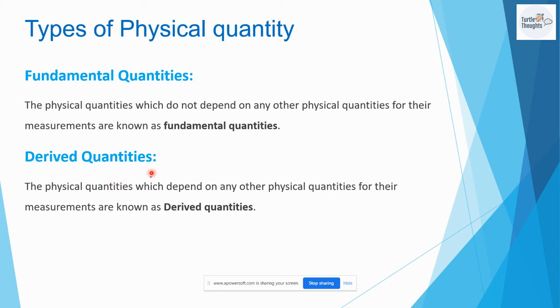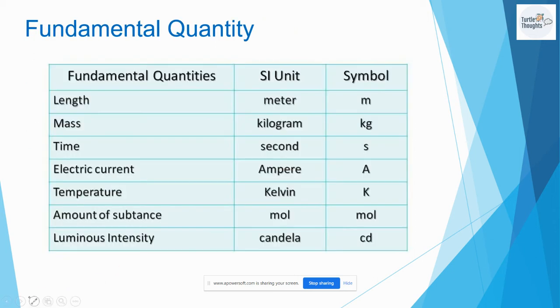The physical quantities which depend on other physical quantities for their measurement are known as derived quantities. There are only seven fundamental quantities, which I have shown in the table. Next, we have the SI unit, and we also have the symbol for that.